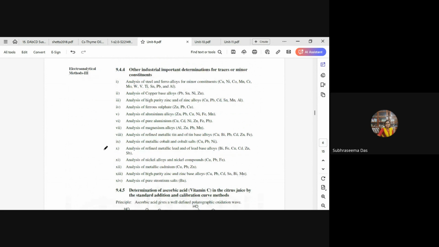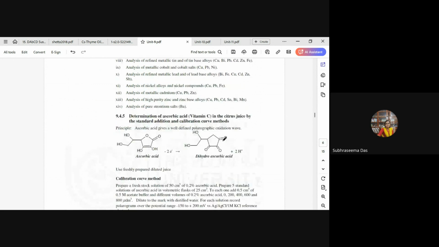So as we can see, polarography can be used for the analysis of the purity of various types of metals and metal based alloys.